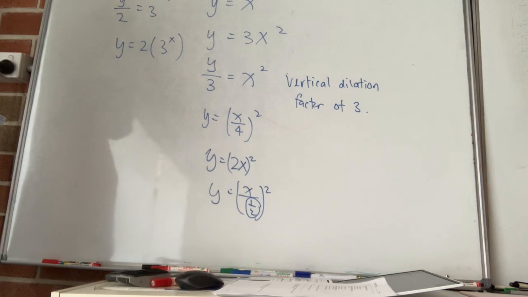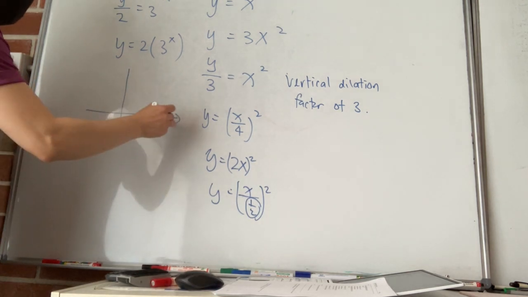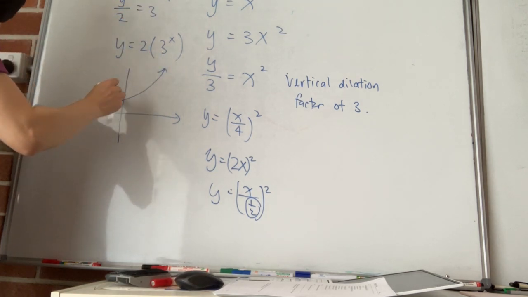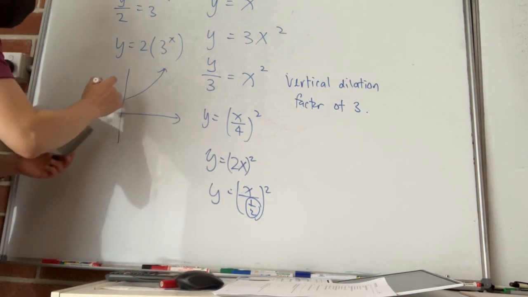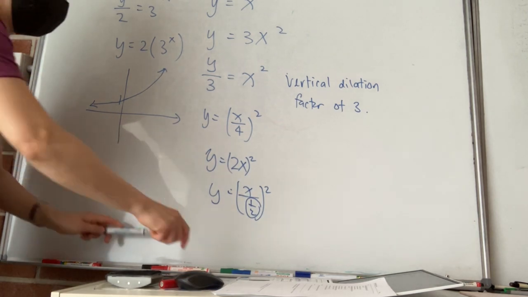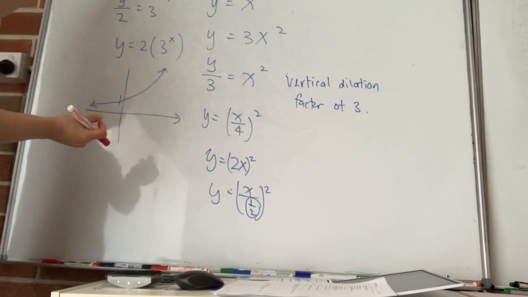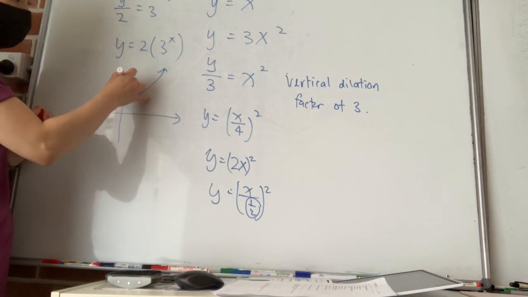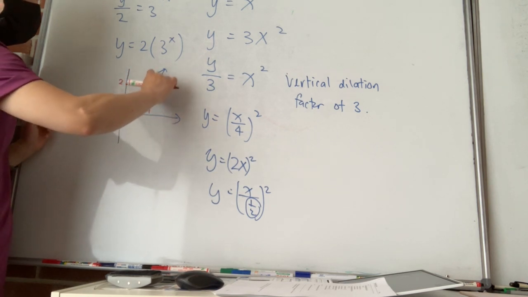Now, if you are sketching it, you are going to have y equal to 3 to the power x, looking like that. This is your 1, not 3. Then you dilate vertically by a factor of 2. So you stretch everything up by 2. Any gaps from the x-axis, you're doubling them.